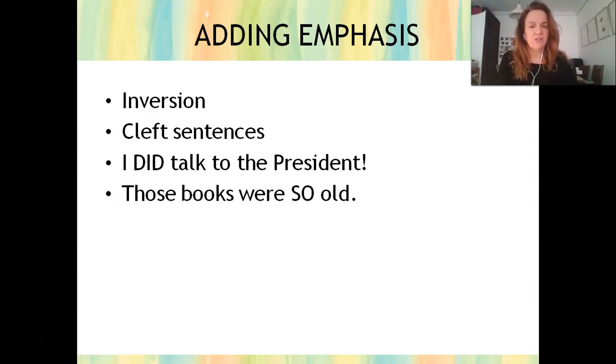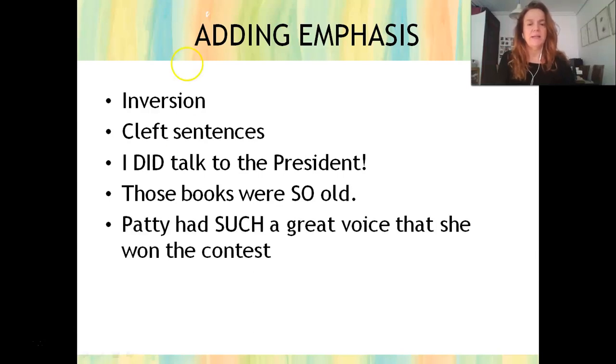We have already talked about in previous classes the use of so and such for emphasis. So those books were so old, or Patty had such a great voice that she won the contest.